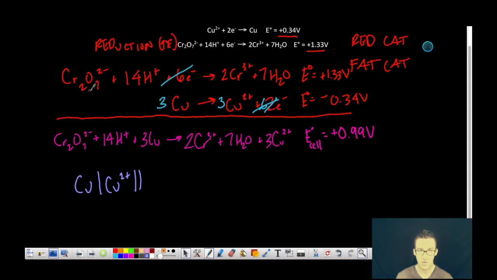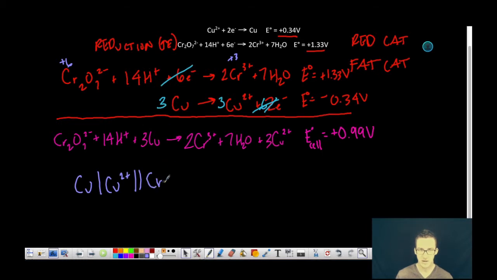We've got the dichromate ion, in which our chromium is at an oxidation state of +6 and is reduced to an oxidation state of +3. So we've got, again, 2 ions in solution here. We're going to include not only those ions, but also the hydrogen ions.